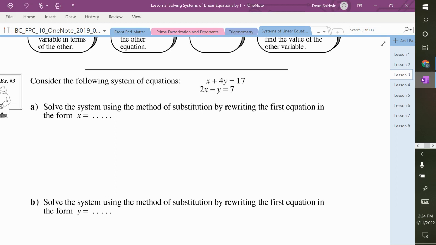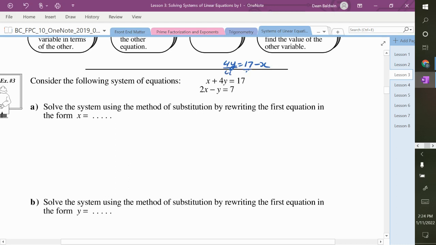Why would x be the easiest? Because it has a coefficient of 1. As soon as I move the 4y over, I have x equals. If I try to solve for the y in the first equation, I'm going to move the x over, and then what do I need to do to solve for y?